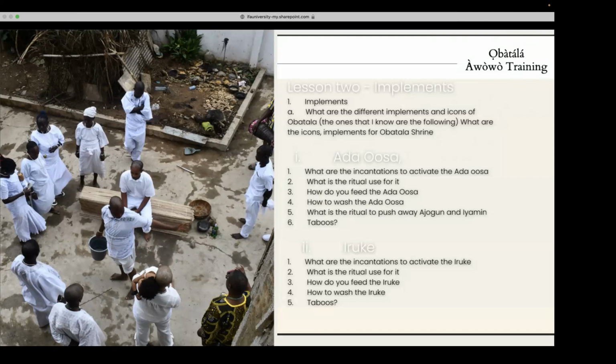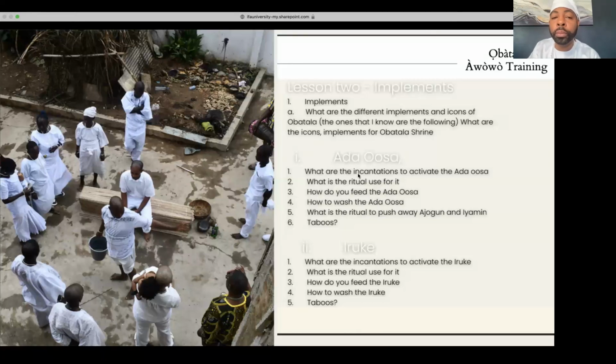The importance of Ada Osha. Yes. I think I've said earlier that we use it to bring the spirit around while we are ringing it. Also, it's part of the musical instruments.